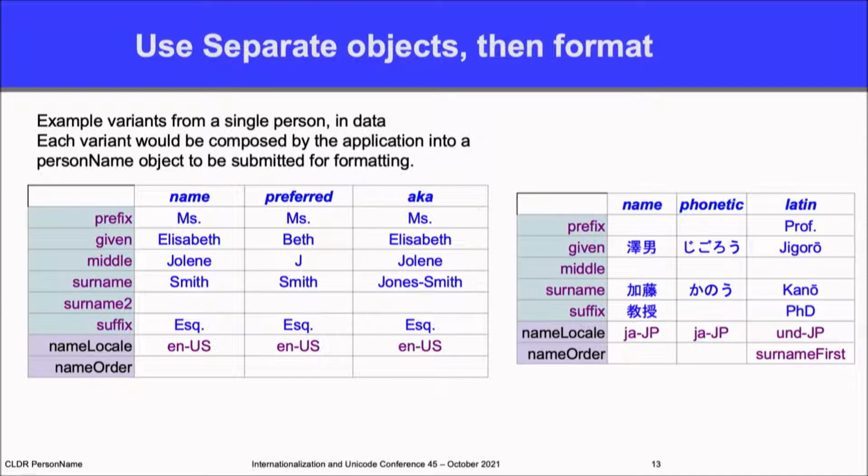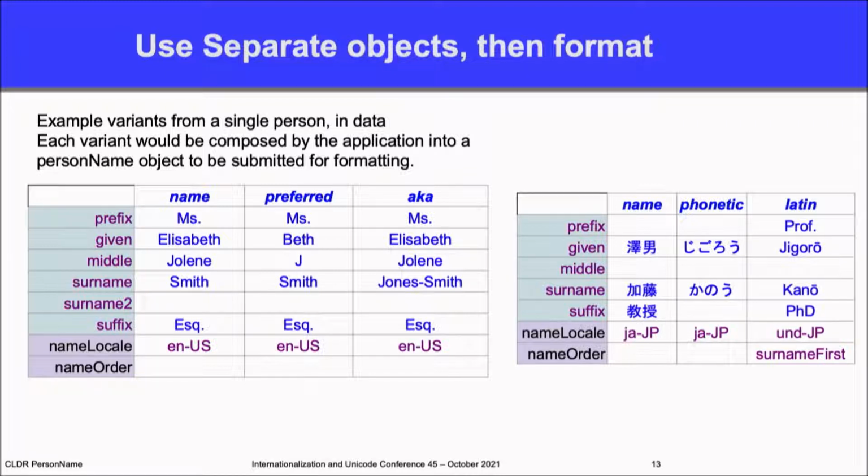And she may also have an AKA name that's in your database. So we don't have any knowledge of what the different variations of names are in your data, but you do. So your application then picks the names according to your data to put into a name object to then be formatted. So that makes sense.